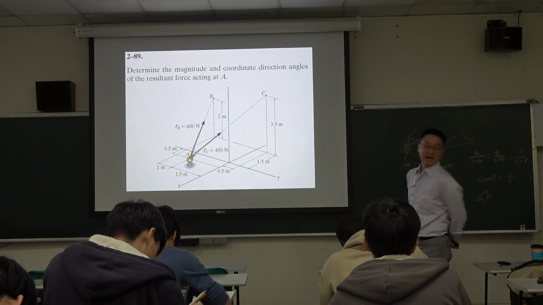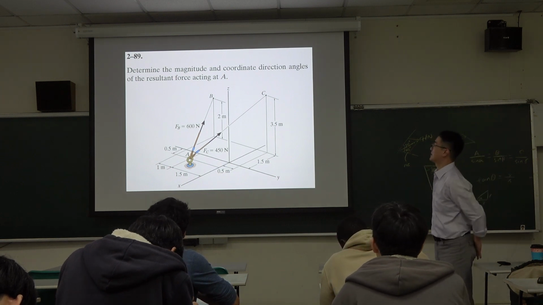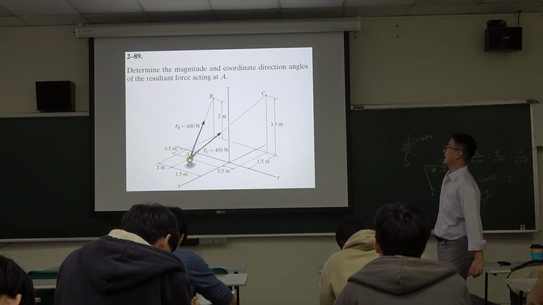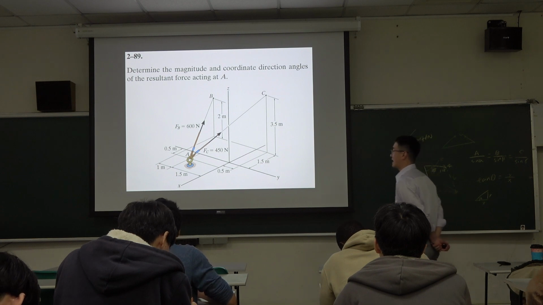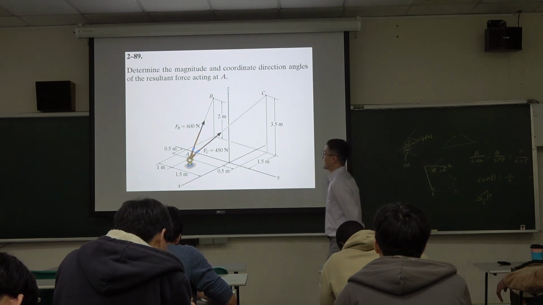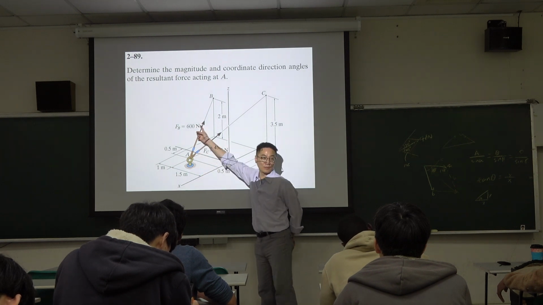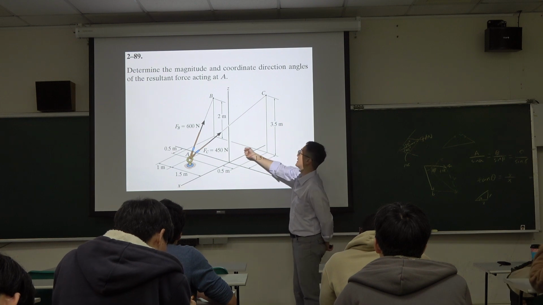Okay, then the final one. Oh, it's not the final one. But anyway, this question: determine the magnitude and coordinate direction angle of the resultant force acting at point A. The same thing, we express these two forces using the Cartesian system, plus them together.